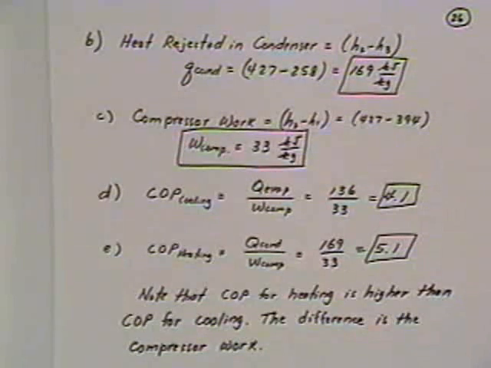Now, notice that I didn't put in here the sign convention for the heat rejected or the work. The reason is that if you're asked what the heat rejected is in the condenser, since it is given as heat rejected, I just use that as a positive term. It's 169 kilojoules per kilogram.